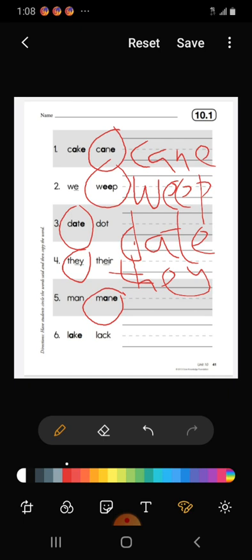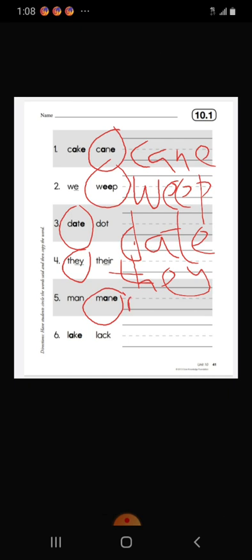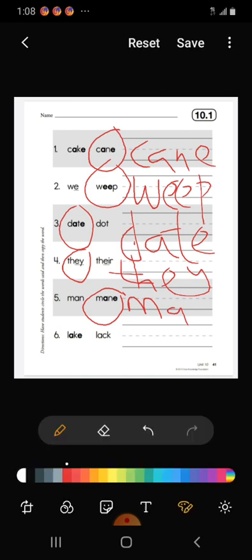Mane is the top hair on the neck of a horse. So let's write our mane out.